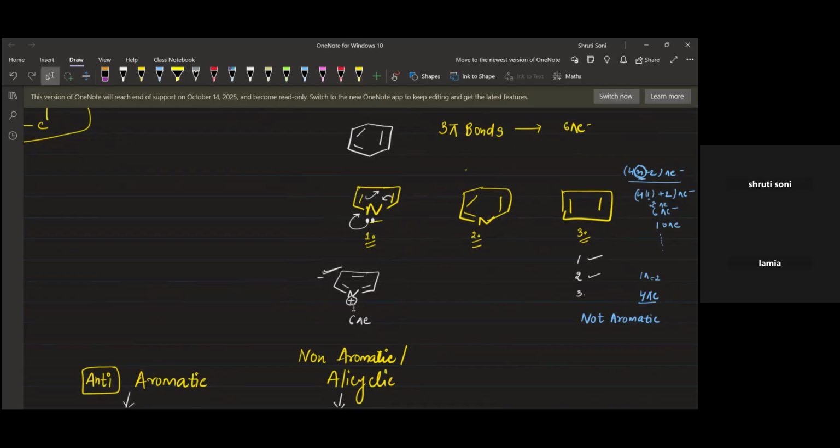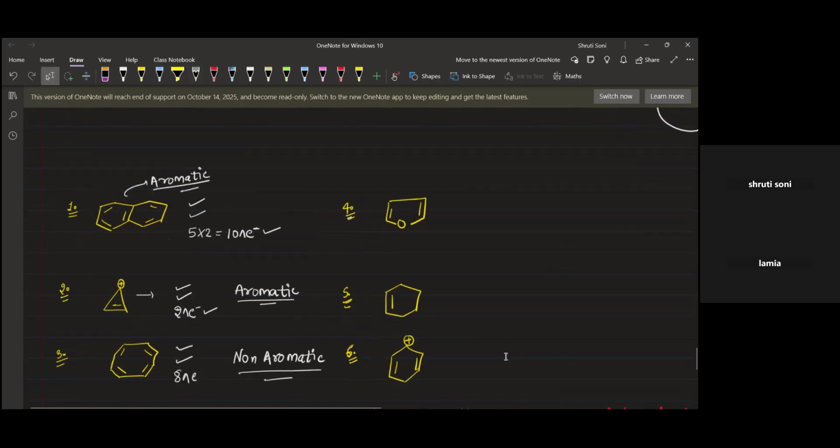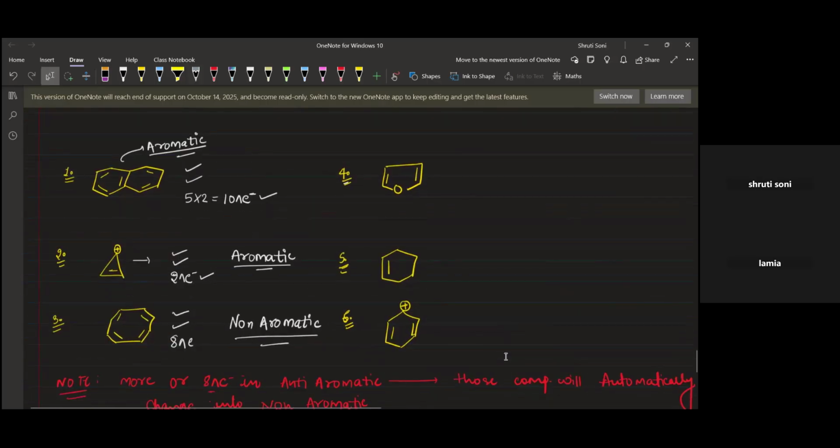I think it's aromatic. Yes. So the fourth one is also aromatic. Then the fifth is all carbon. Firstly, is this compound cyclic? Yes. Then are all carbons sp2 hybridized? No. So the compound is non-aromatic.